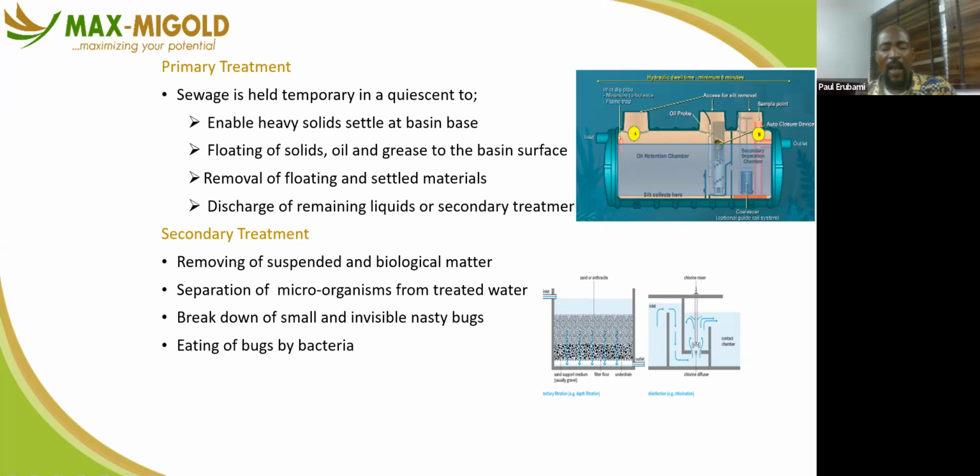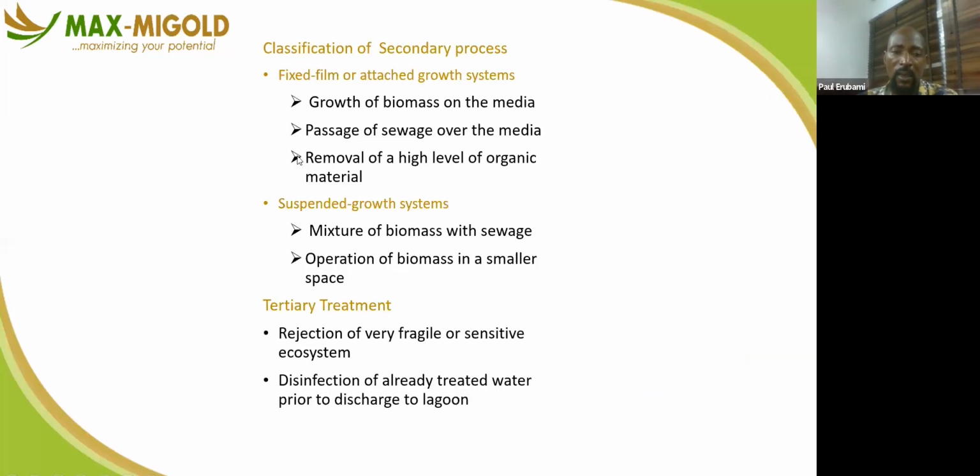There are some bugs that come along with your sewage. You can't root them out, so you find a means of separating those bugs during the secondary treatment. Then from that, it goes to the tertiary treatment. Under the secondary, you have two methods that you can use: fixed film or suspended growth system. Those are the two systems you can use.